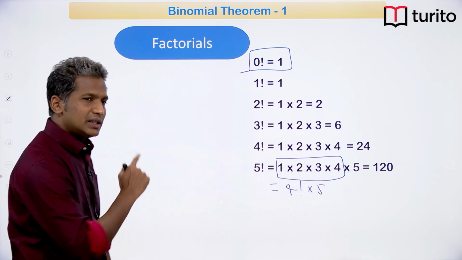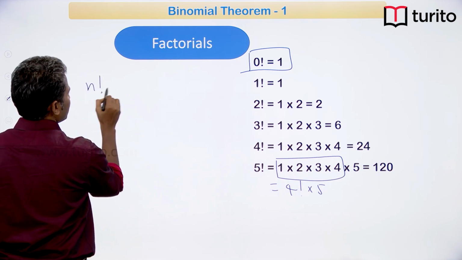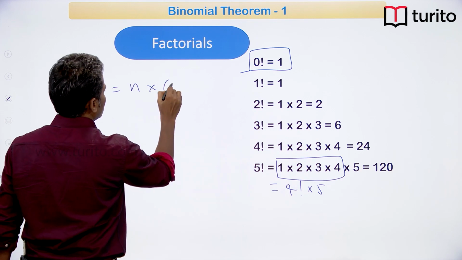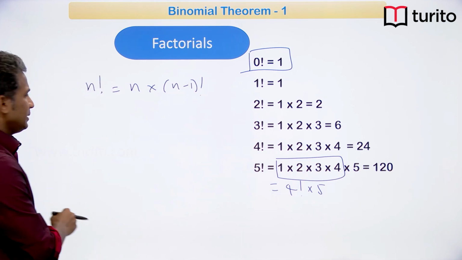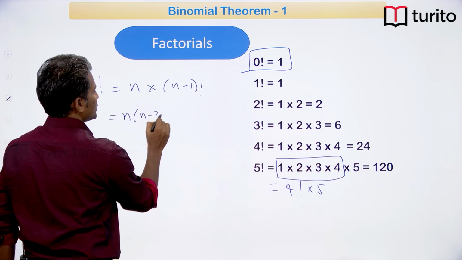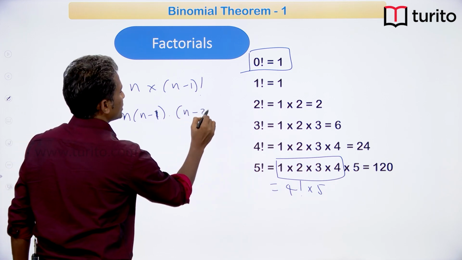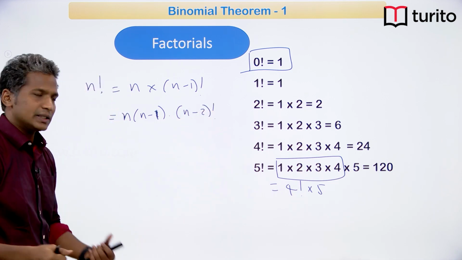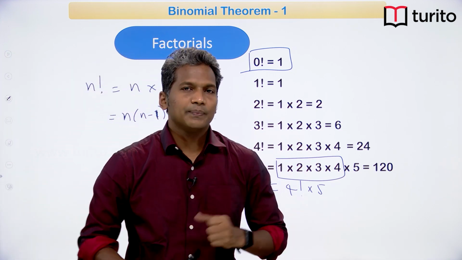In general, this gives you the idea that n factorial can be written as n into (n minus 1) factorial. Similarly, it can also be written as n into (n minus 1) into (n minus 2) factorial. This way we can break down the factorial.